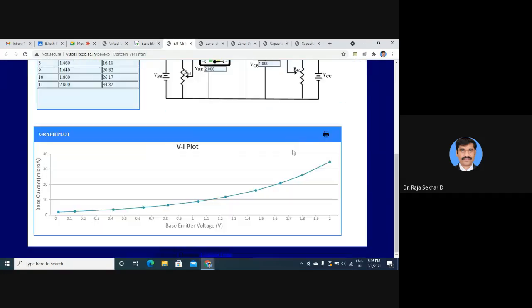Now plot the graph between base emitter voltage VB and base current IB.